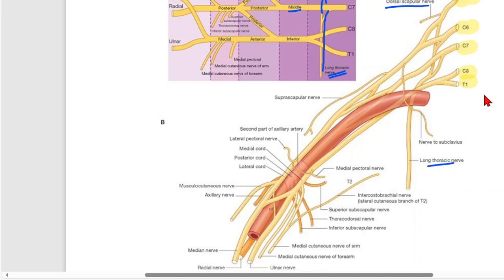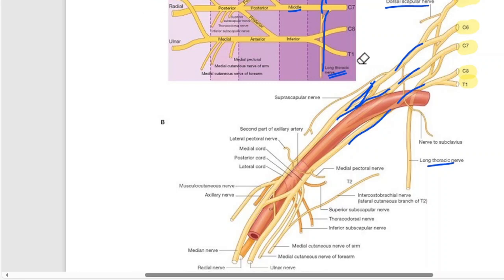Now this is the superior trunk, this is the middle trunk, and this is the inferior trunk. From this area the branches go on. This is the anterior division of the superior trunk, this is the anterior division of the middle trunk, and this is the anterior division of the inferior trunk.